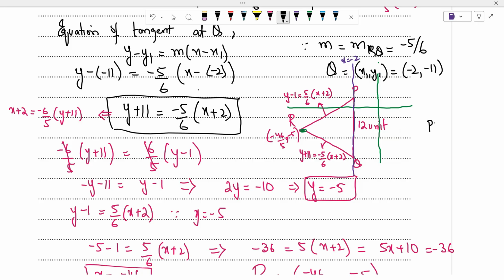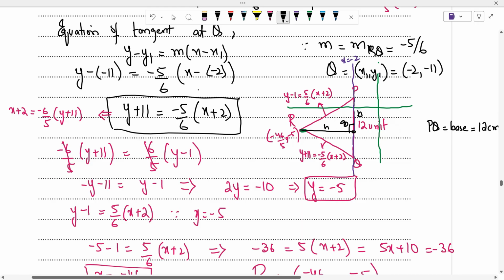We know that PQ is the base of the triangle PQR, which is 12 centimeters, and we need to find the height h so that we can find the area of the triangle. This height should be perpendicular to the base, and we know that every point on the base has the x coordinate negative 2. So what is the shortest distance h we can achieve?